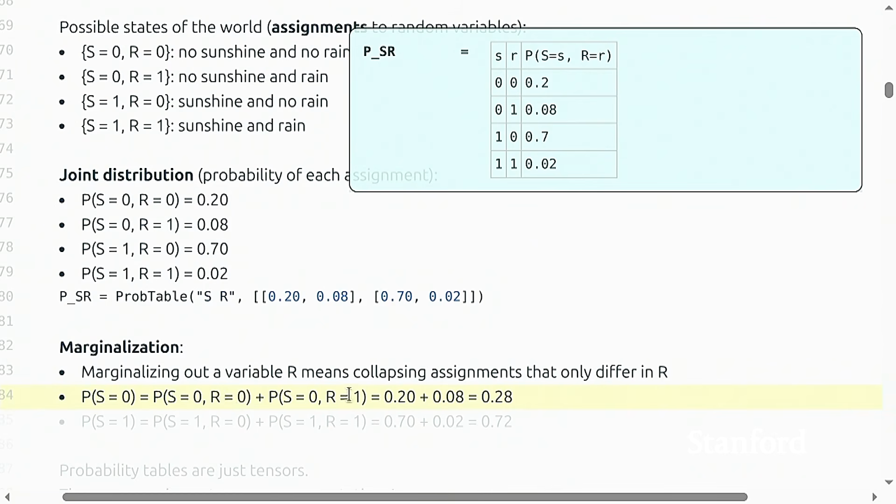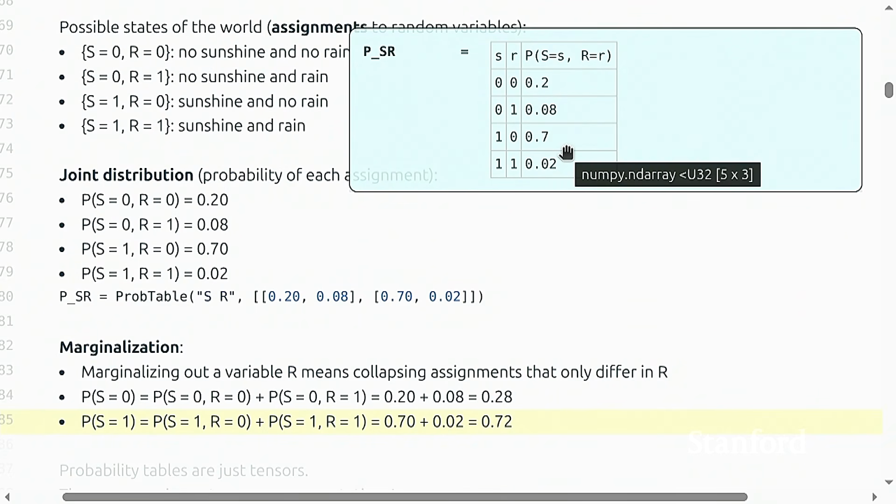So we collapse these two assignments into one and add the probabilities. That gives us 0.28. And the probability of S equals 1 is you collapse these two assignments which differ in R but don't differ in S. Pictorially, this corresponds to combining the first two rows, the probability of S equals 0, and the second two rows, the probability of S equals 1.